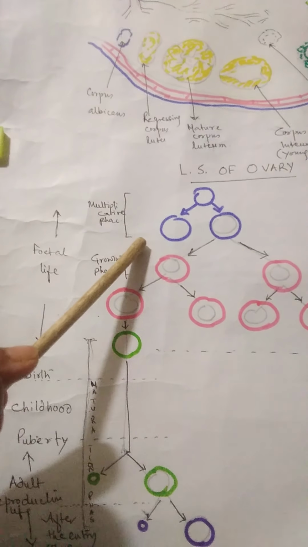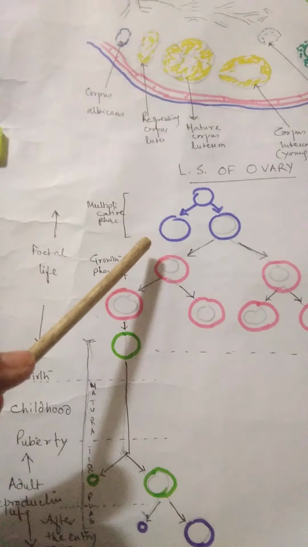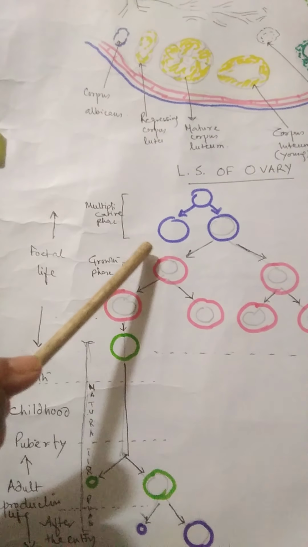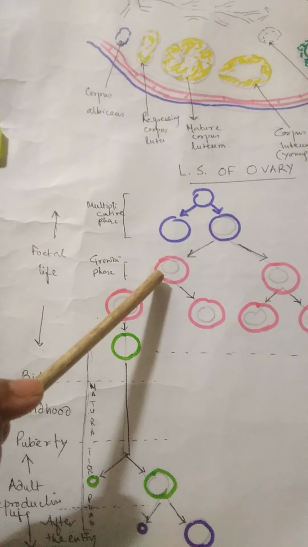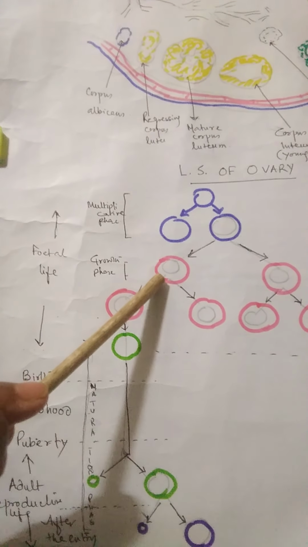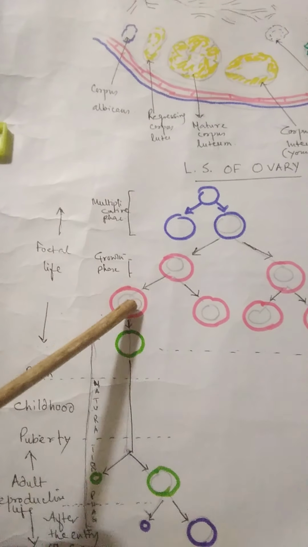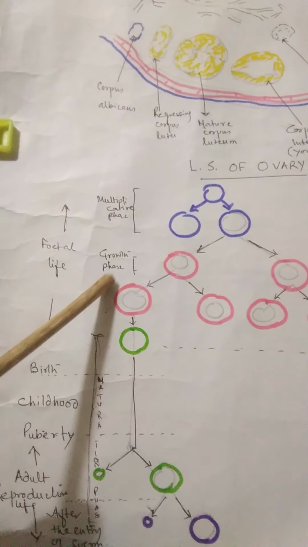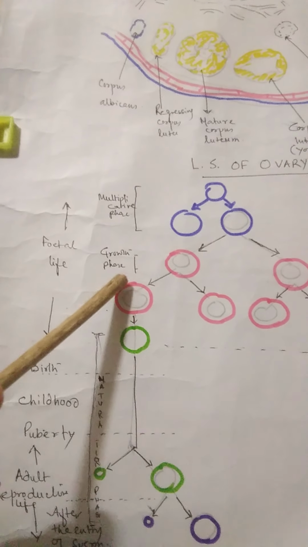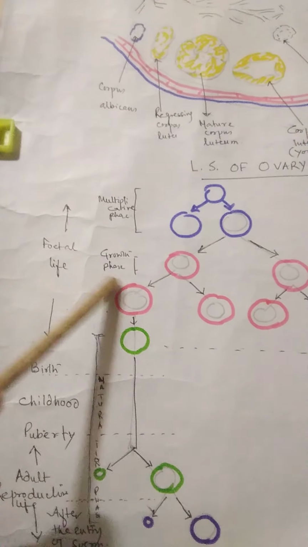This phase is called the multiplicative phase. Now these numerous oogonial cells undergo mitotic division and proliferate to form primary oocytes, and this is called the growth phase.